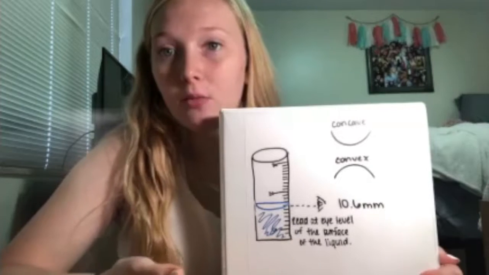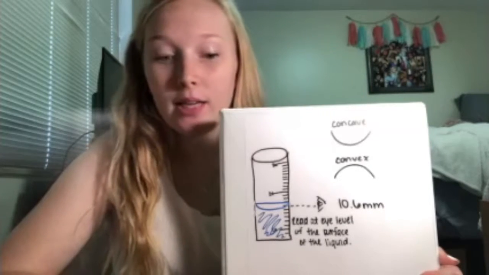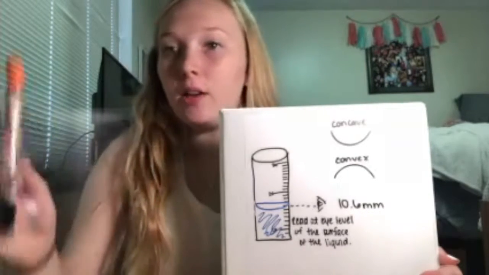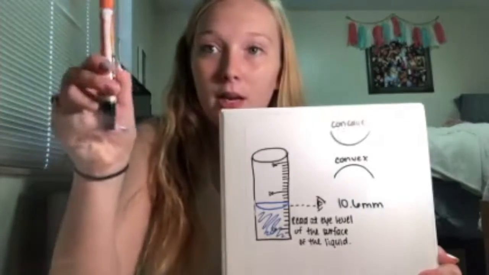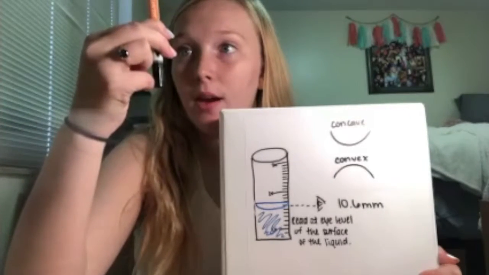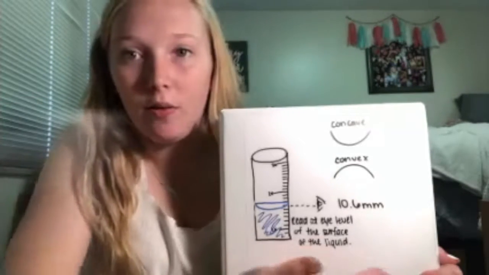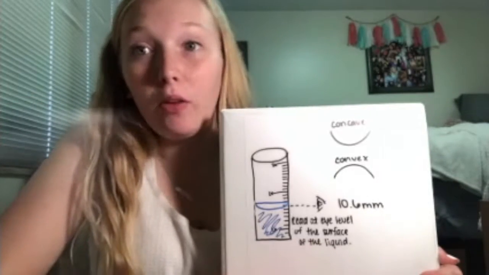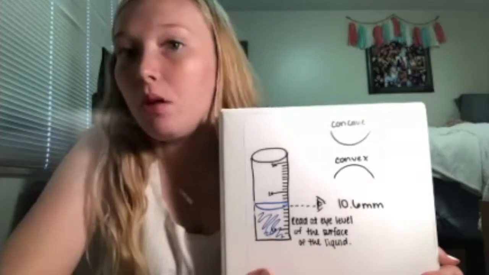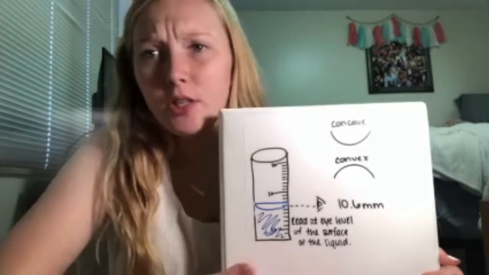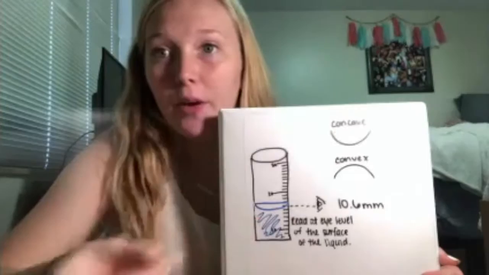If you were reading this one, you would get down to eye level, say your liquid stopped here, you would look at it from there and come to the conclusion of how much it is. So for example, this one, if you were looking at eye level, would be 10.6 millimeters, and that's just so you could have more accuracy.